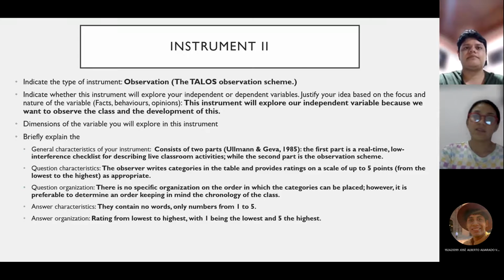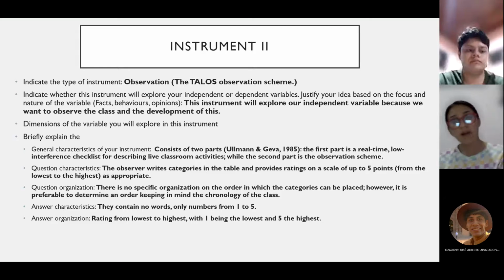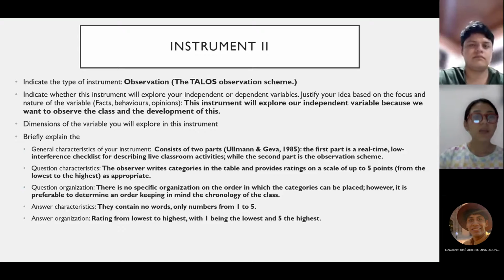And the general characteristic of this instrument, according to Ullman and Jiva, consists of two parts. The first one is a real-time and low interference checklist, which means that we want to observe at the moment what is happening in the classroom. Well, the second part is the observation scheme.